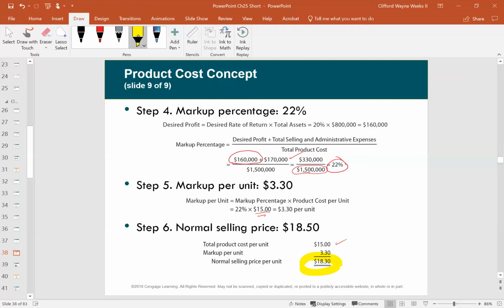If we were to do the total cost markup percentage, we'd have our desired profit divided by total cost. Total cost would be selling, administrative, direct materials, direct labor, and factory overhead.